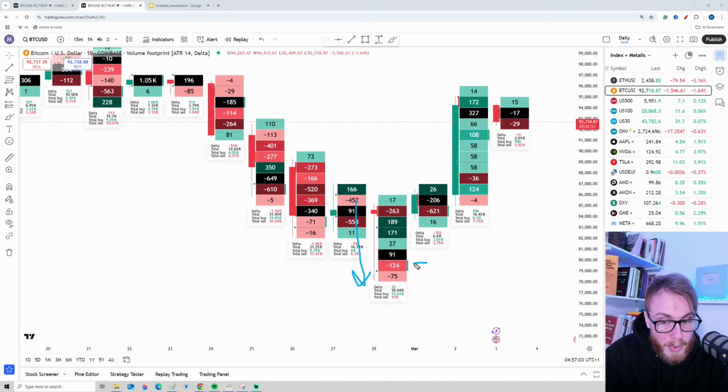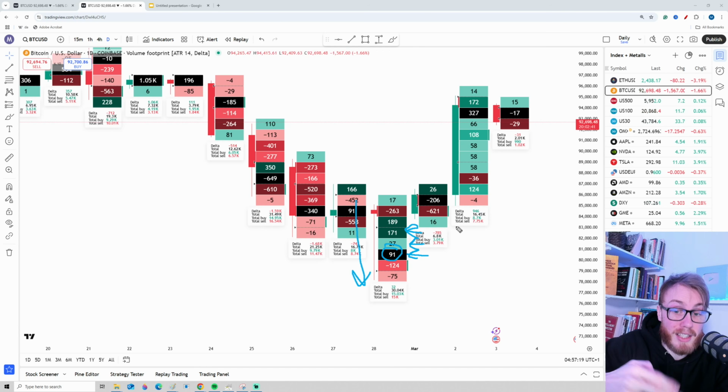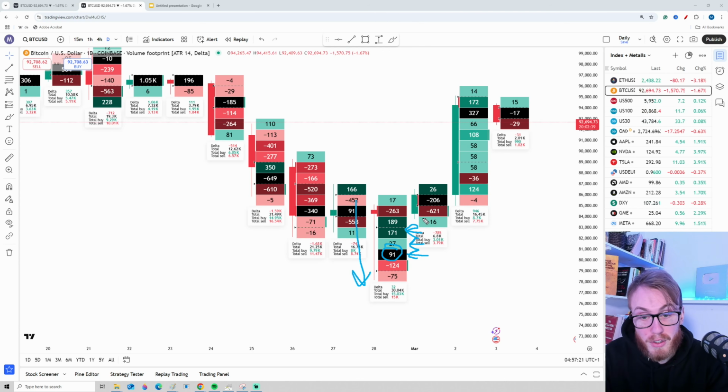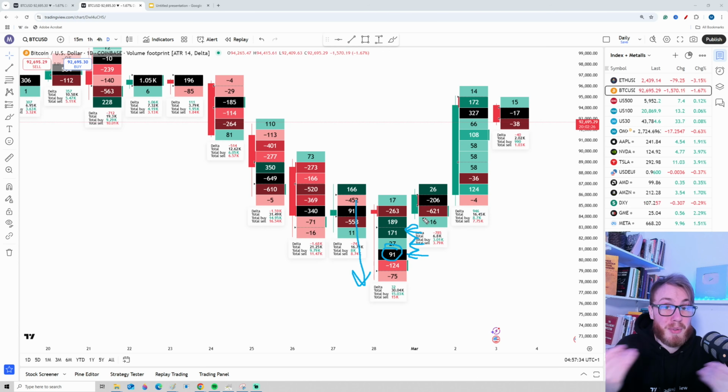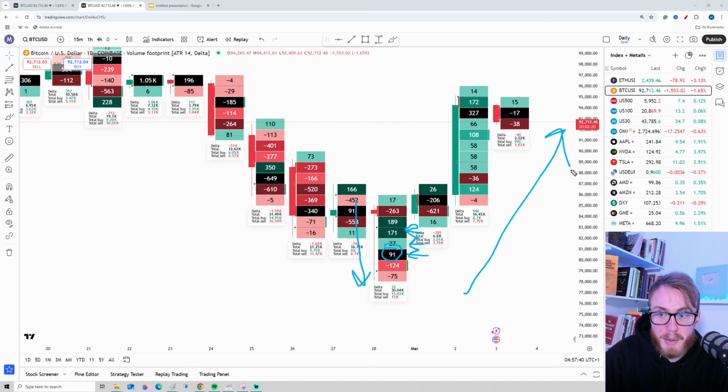Yes, at some points the bears were in control here, but you can also see that the bulls quickly took control over the volume. The point of control here was actually bullish volume, and this eventually led to the price pushing up. So we had bearish price action, but bullish volume. That is a divergence between the price action and the volume, making the move less likely to succeed. And we can see that after this, the Bitcoin price has been recovering well.